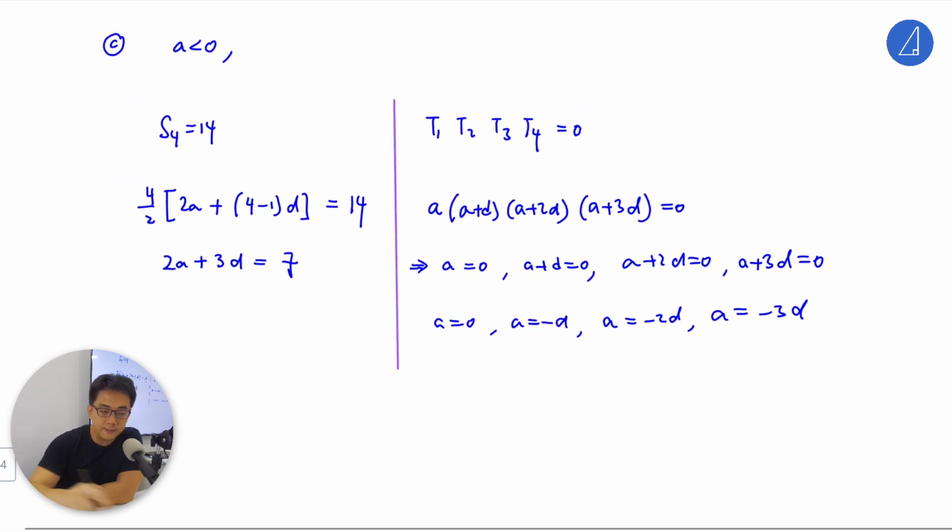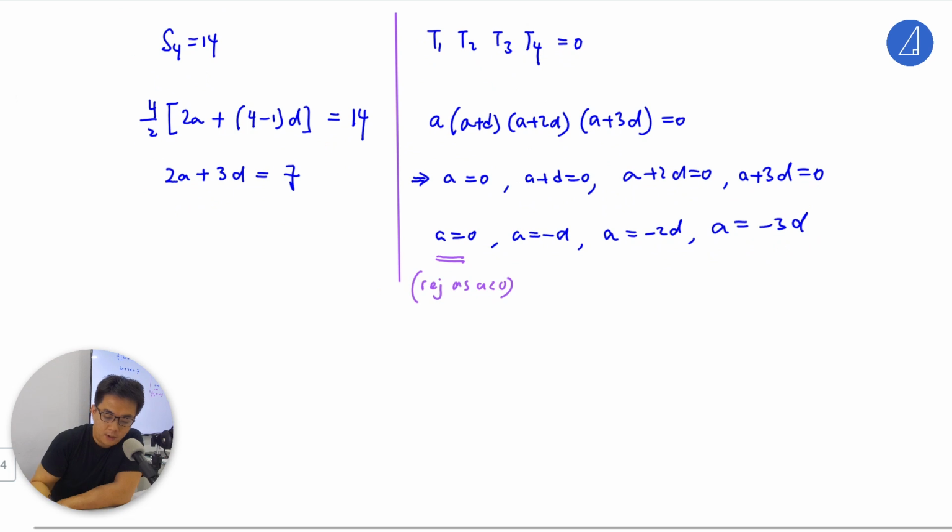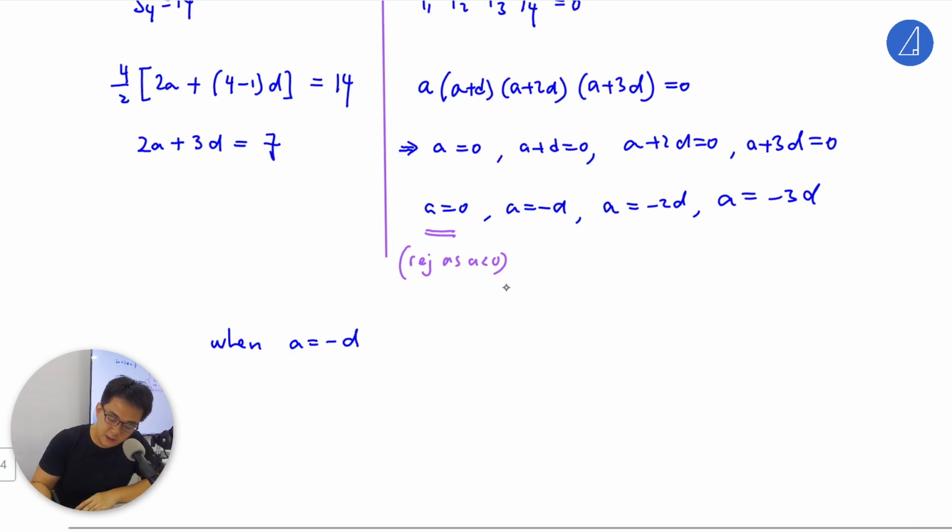The thing now is I need to check, so we slowly go down the list. A equals 0 is rejected because A is negative. That's important. I'm just going to sub all these values of A into the sum equation. When A is minus D, D is equal to minus A, so we just put this in: 2A plus 3 times minus A equals 7.